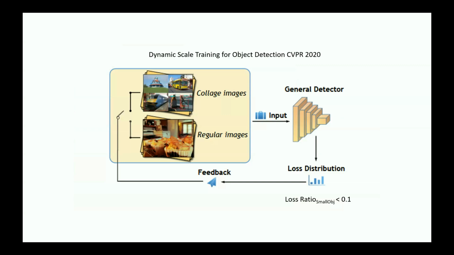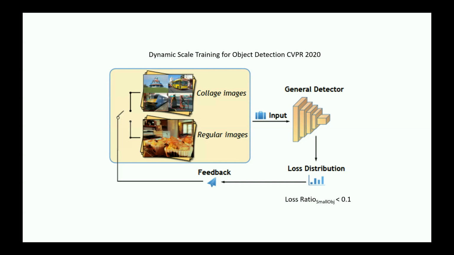So in one iteration, that means in one batch, if the small object loss value ratio is less than a threshold, the threshold being 0.1, then the data augmentation will be triggered. Four images will be resized into quarter size, then stitched together. In this way, the average size of objects will be reduced.